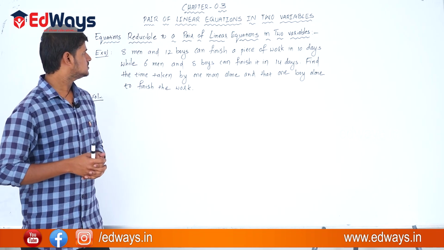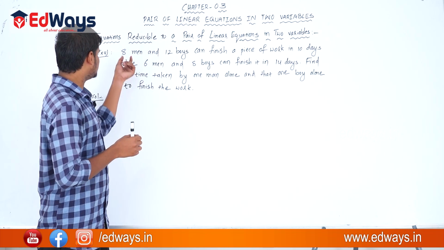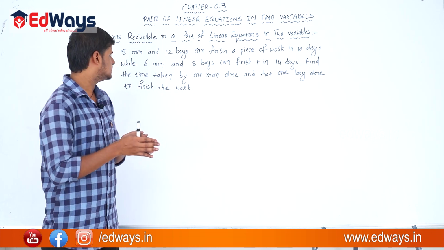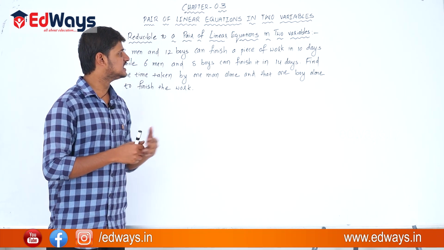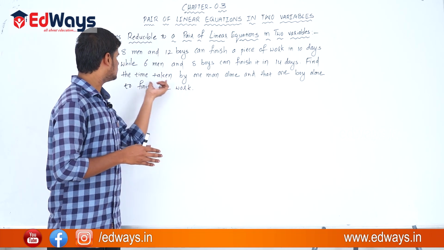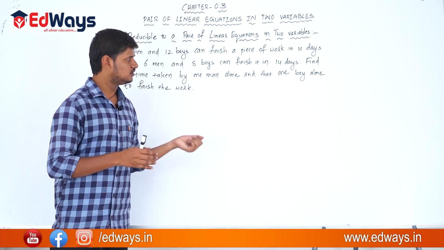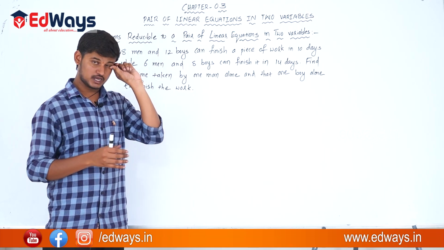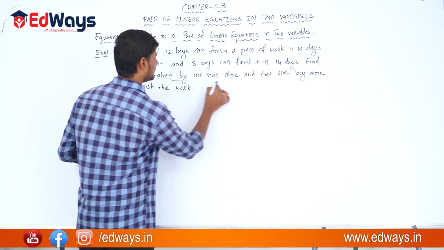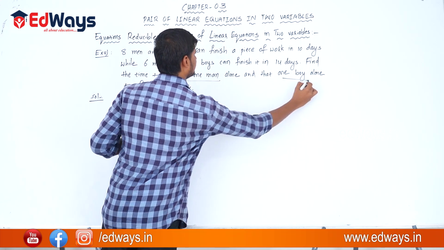Okay, fine. The given information is that 8 men and 12 boys can finish a piece of work in 10 days, and 6 men and 8 boys can finish it in 14 days. They are asking for the time taken by one man alone or by one boy alone to finish the work. So whatever they asked you to find, let them be x and y.